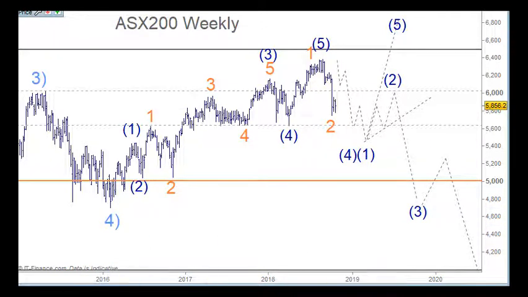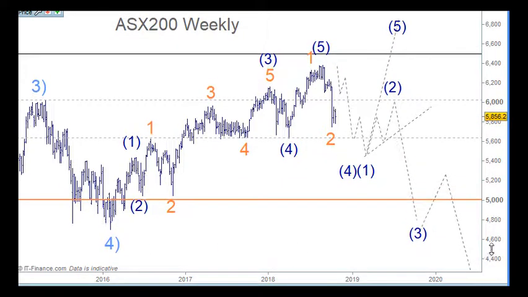So the BHPs of the world, the US banks, the S&P 500, and so on. Once again, we can count from this low here: 1 and 2, and 5 waves up here for wave 3, 4 and 5. So we can have a top in play here.